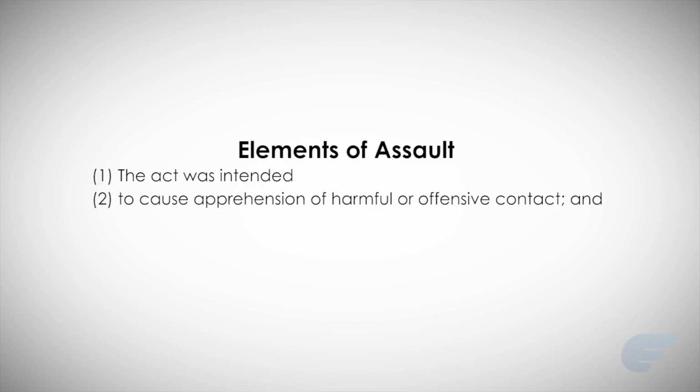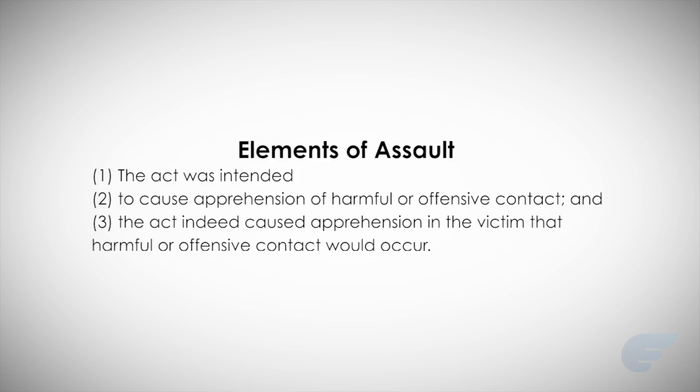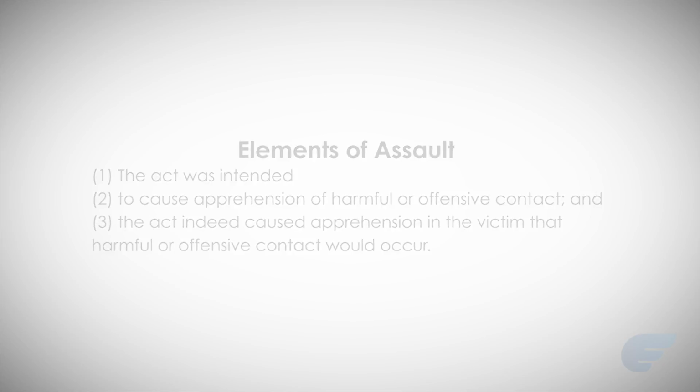So that leads into, what does Kevin have to prove in order to succeed on his assault claim? Well, assault is usually defined as an act that was intended to cause apprehension of harmful or offensive contact, and the act indeed caused apprehension in the victim that harmful or offensive contact would occur.